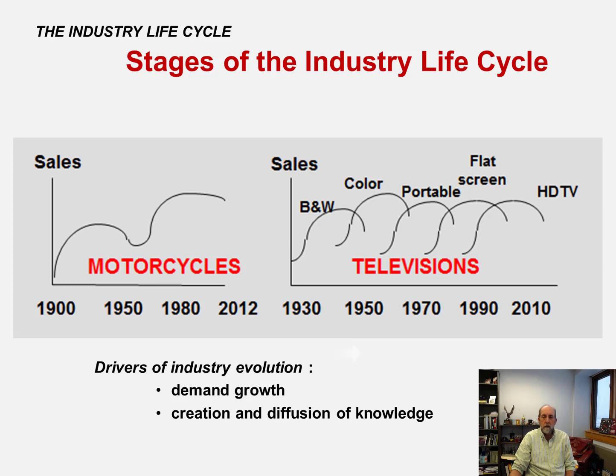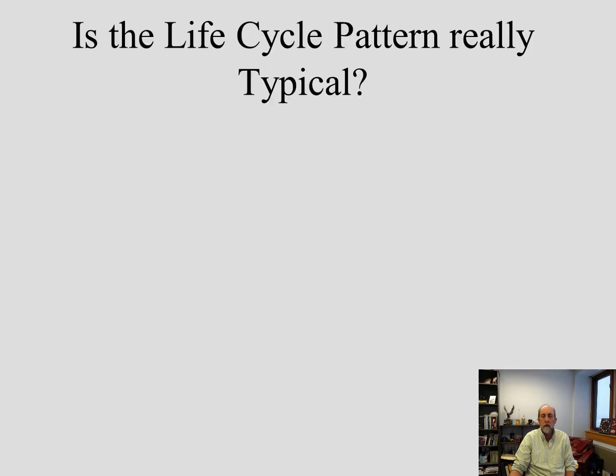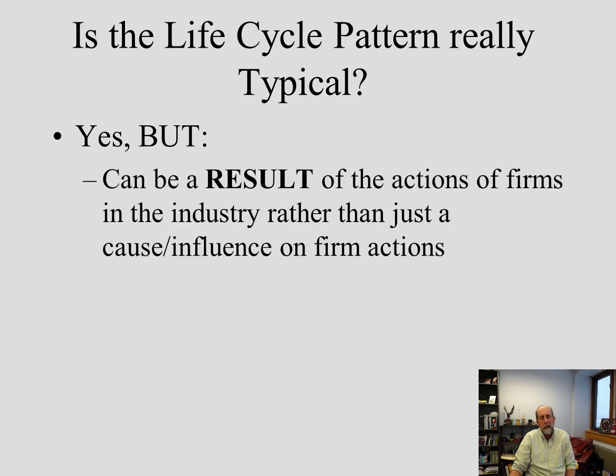So, again, maybe an alternative to try to get you to think about is, in addition to the other yes buts, that it can be a result of the actions of firms in the industry rather than just a cause or an influence on firm actions, which is how we typically portray it. That is, the life cycle is in the mature phase, therefore firms need to compete this way.